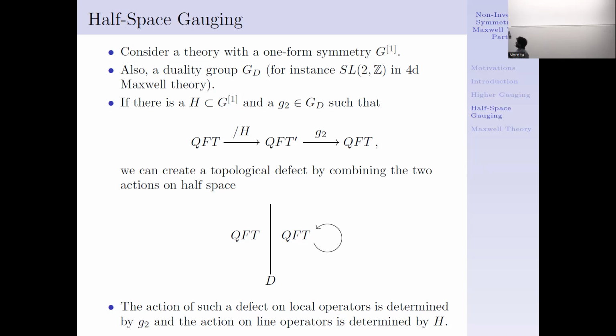We can split our space-time into 2 parts. And just on one part, let's say the right part here, we can apply these 2 procedures. And after we do so, on both sides of the defect, we have the same theory. And again, the only thing that we have achieved is to create a topological defect in the interface.